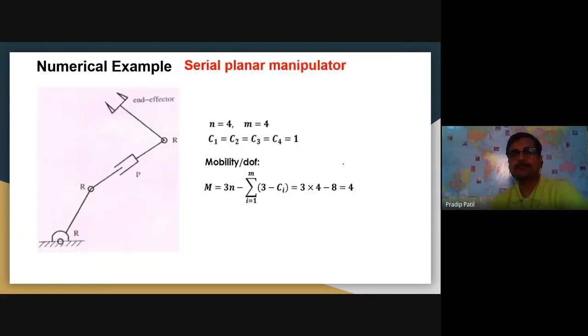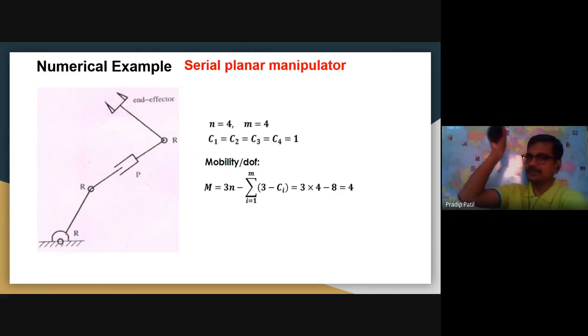So let us apply the planar manipulator case to a serial manipulator. A serial manipulator can be used to identify or to track or to pick and place. So there can be different ways we can do it. For example, suppose I use my hand only in one plane, like I'm going and picking it up and going and placing it.